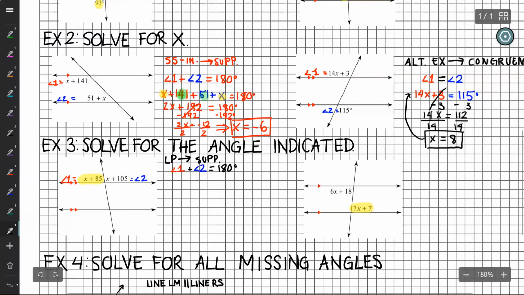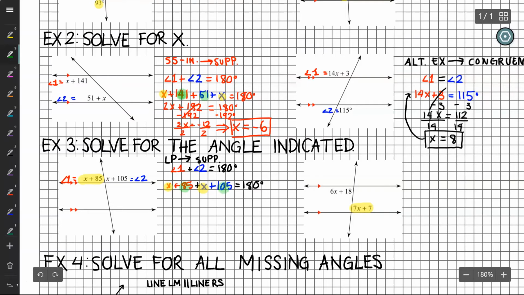So instead of angle 1, I'm going to write x plus 85, plus, bring down that plus sign, instead of angle 2, I'm going to write x plus 105, and all of this equals 180 degrees. Alright, so now I'm going to combine my like terms, all my x's and all my numbers are going to get added together.